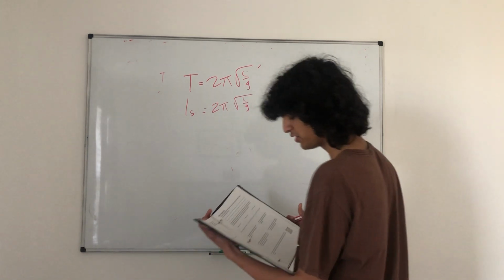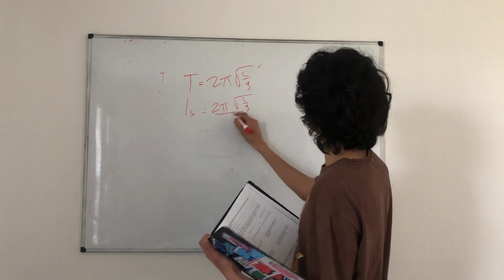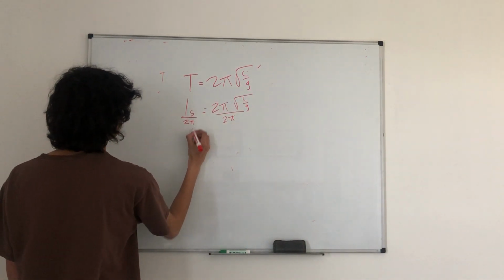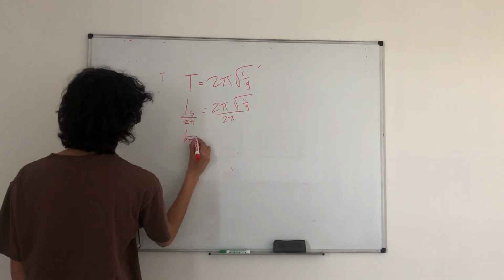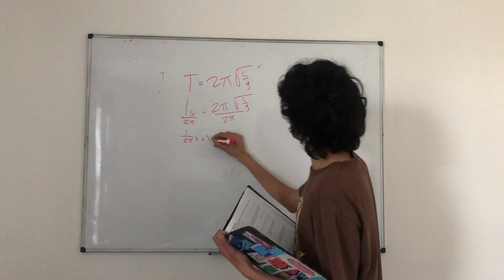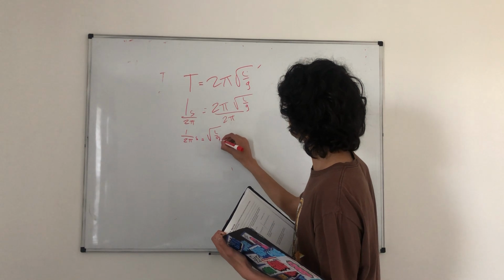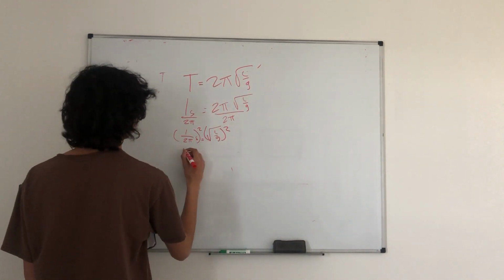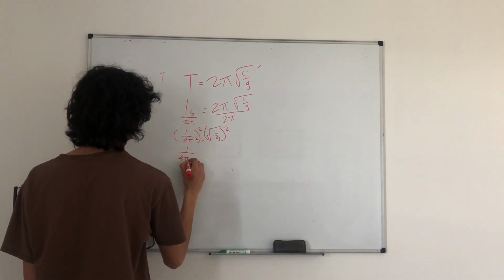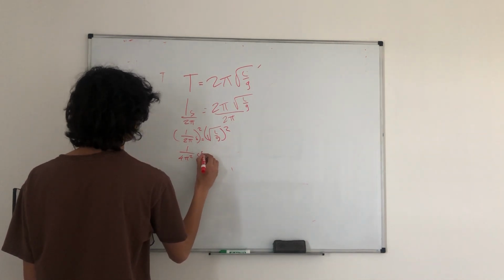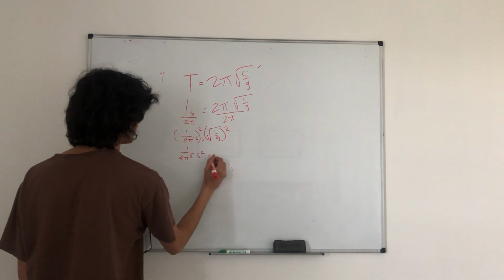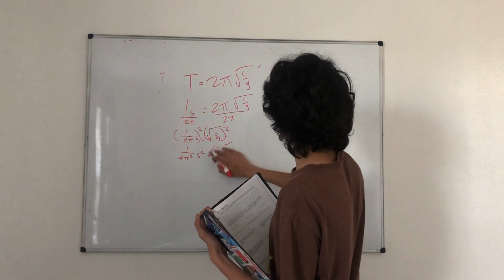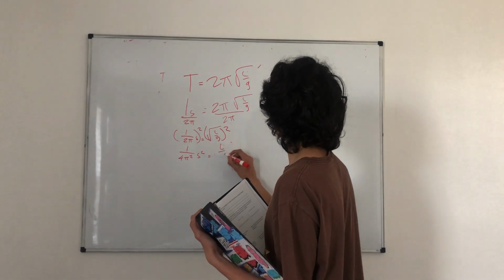I don't want to use a calculator for each step, so I'm just going to do a sort of derivation. So 1 second over 2 pi, right? You get 1 over 2 pi seconds is equal to square root L over g. Square both sides. We get 1 over 4 pi squared seconds squared. I'm just squaring the units, you don't have to worry about that. Is equal to, not square root, just L over g.